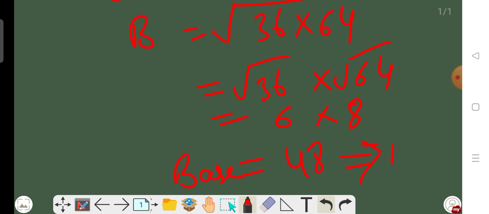This implies the value of BC is equal to 48 centimeter. This is your required answer. BC is the base in this right angle triangle beta. Okay, clear? So this is the solution of your question number 8 beta. Okay, I hope you will get it. If you have any doubt in these questions, we will take that up in the live class. Thank you. Have a nice day.